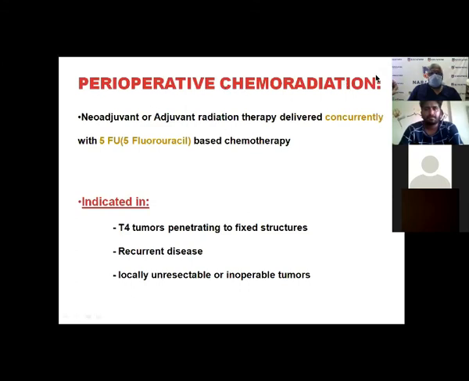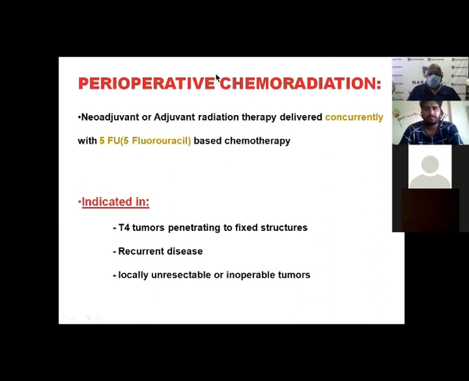Perioperative chemoradiation. If it's a pure and simple colonic disease, radiation is not that much advocated, especially for tumors involving the right side colon, because focused radiation is not possible.